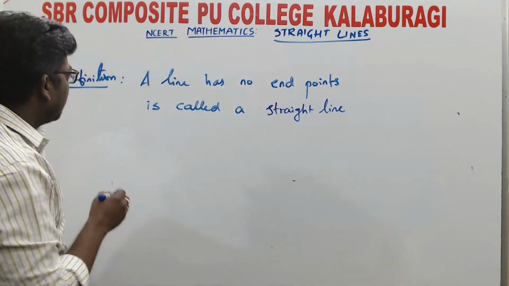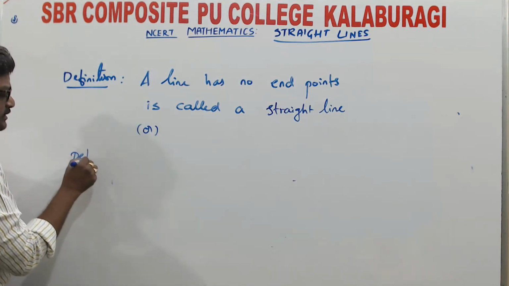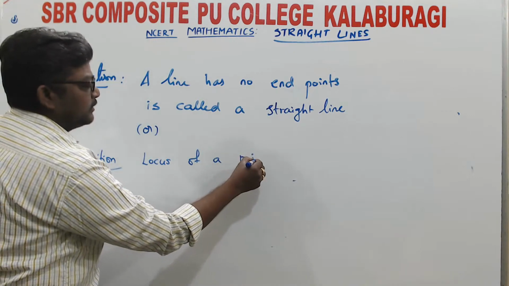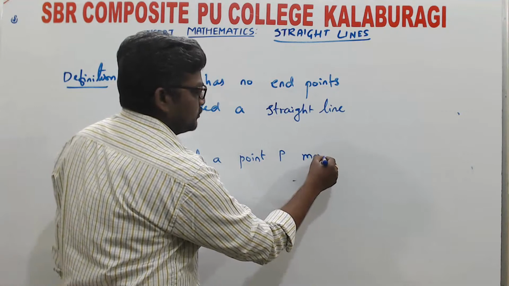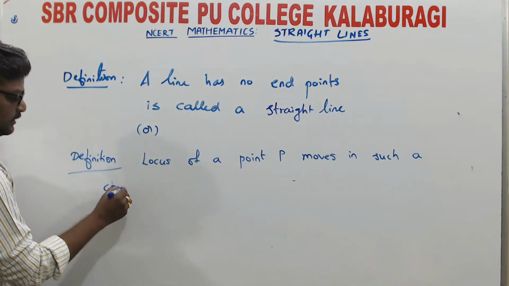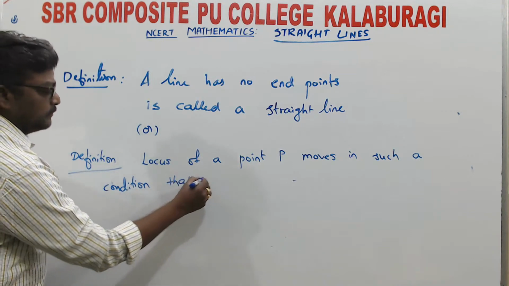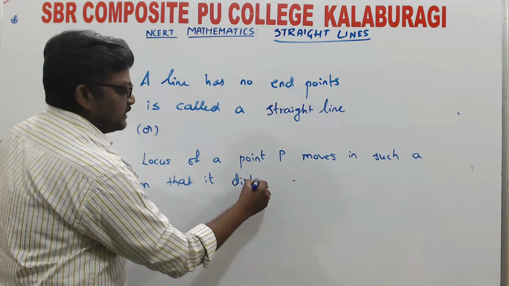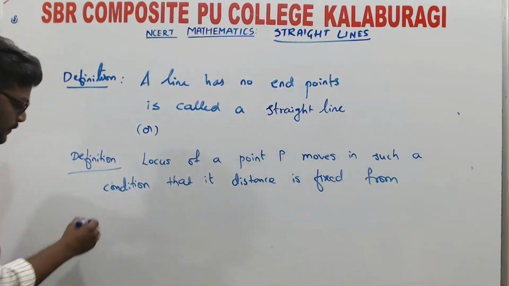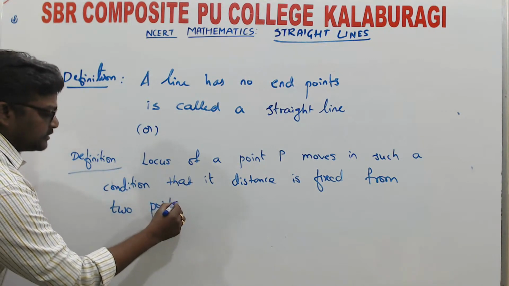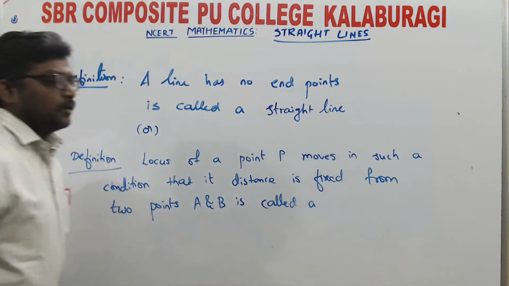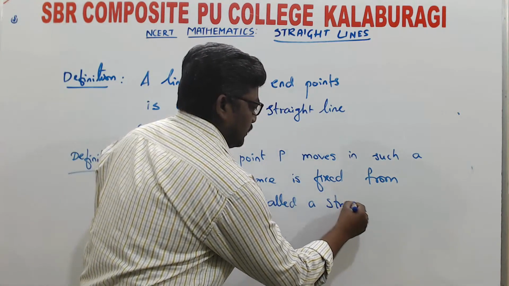It is a general definition, and if you want the exact definition mathematically, the locus of a point P that moves in such a condition that its distance is fixed from 2 points A and B is called a straight line.